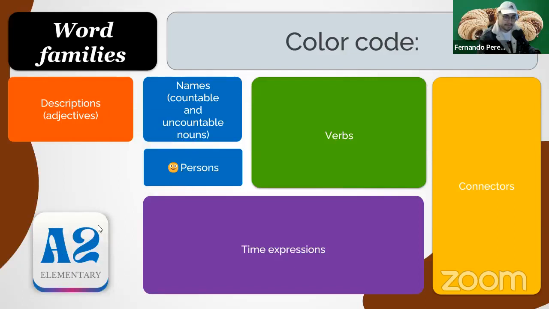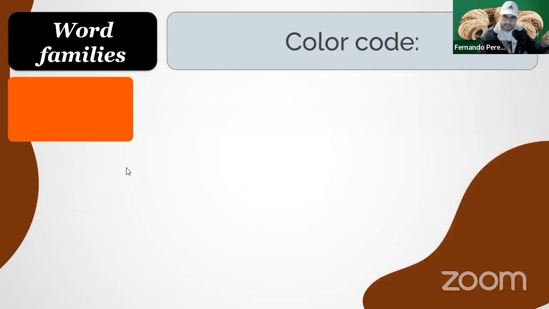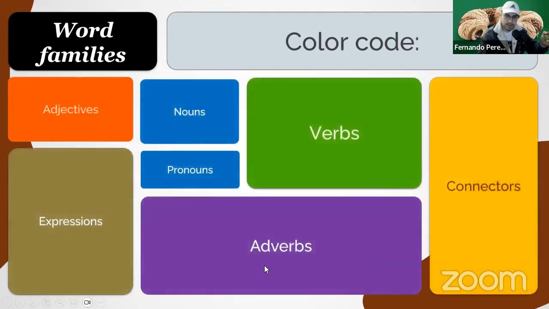For your intermediate training, we are going to do a more complete form to understand this information. And we are going to see this color code corresponding to the B1 intermediate vocabulary.